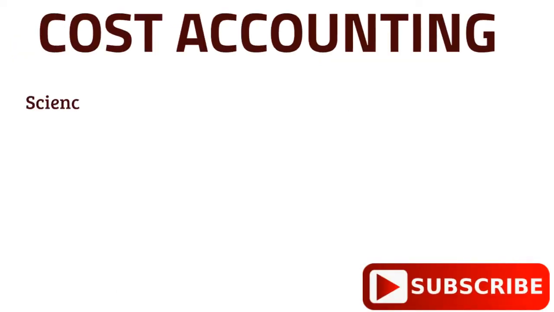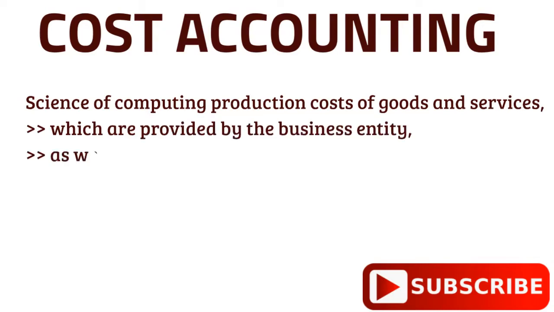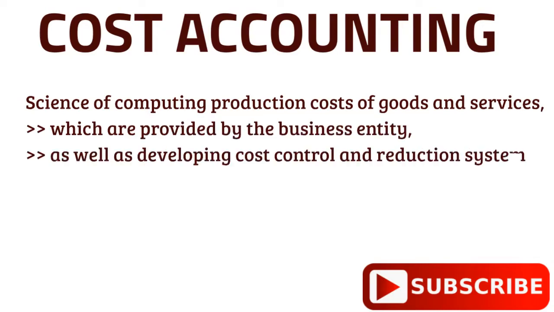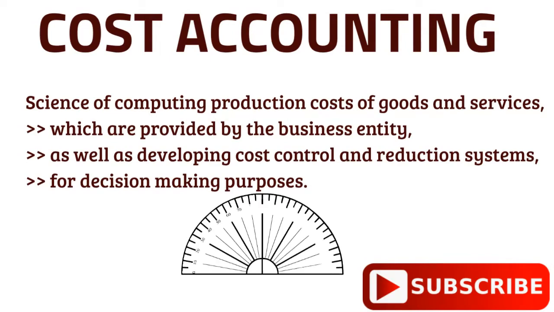Now let us deal with the second category of accounting, which is called cost accounting. What is cost accounting? Cost accounting is the science of computing production costs or production expenses of goods and services. And these are the goods and services which are the cornerstone of the business entity.